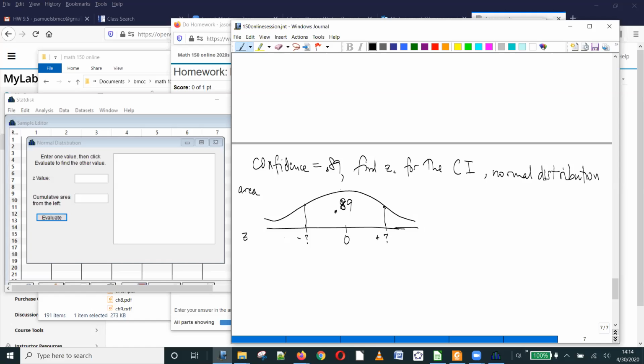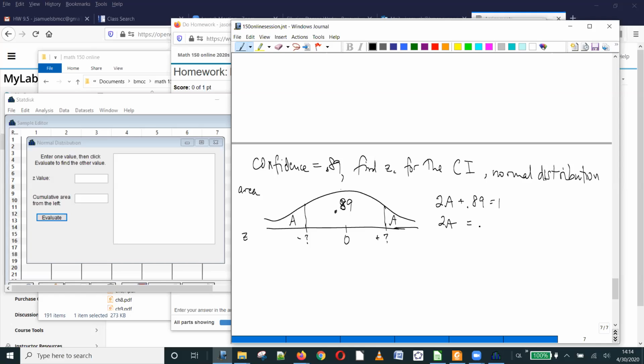So this area is the same as this area, and you know that all those areas added up must equal 1. So if I call each tail a, obviously just 2a plus 0.89 must equal 1.